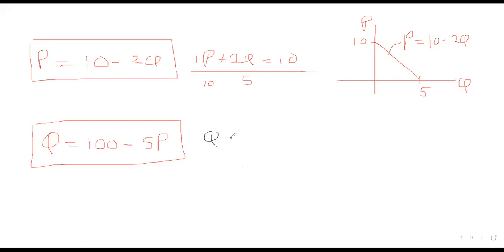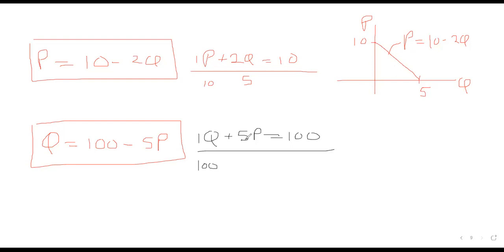Anyone else? Q is equal to? Q plus 5P equals 100. The intercepts? Under Q, it will be 100, since we assume there's a 1 there, 1 into 100 is 100.